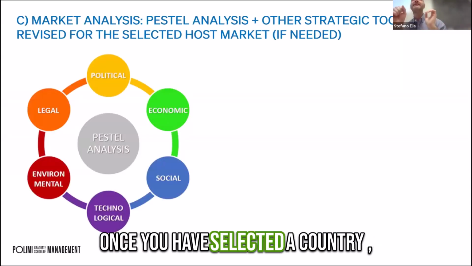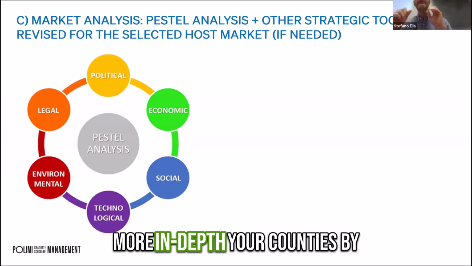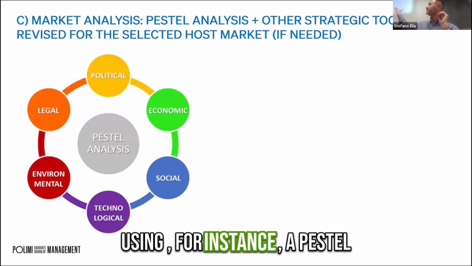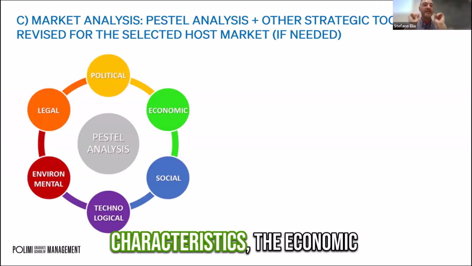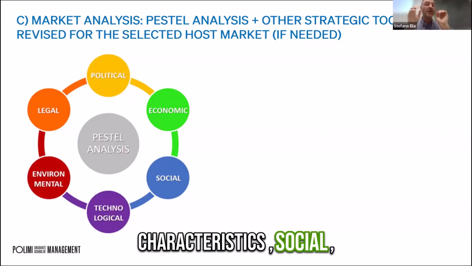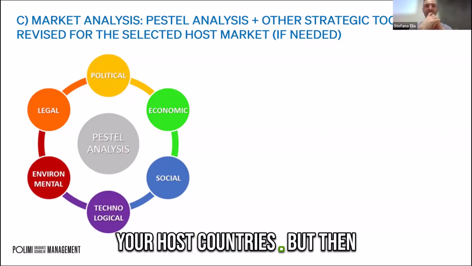So once you have selected a country, for instance Spain, what you can do is to analyze your countries more in depth by using, for instance, a PESTLE analysis. PESTLE means that you try to understand the political, economic, social, technological, environmental, and legal aspects which are specific to your host countries.